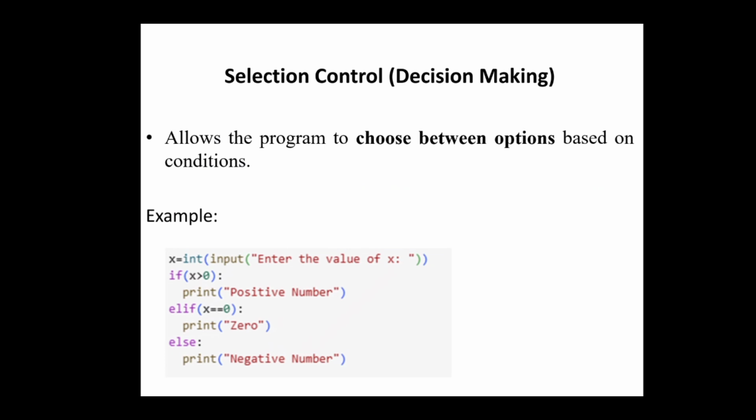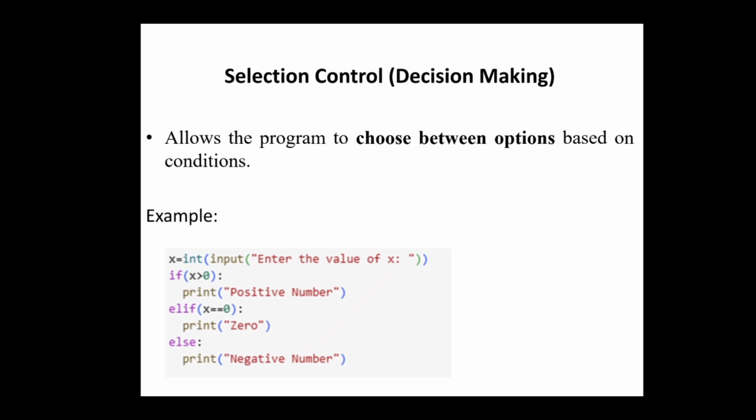The input function gets the value of x as a string, and int converts it into an integer, and that value is stored in the variable named x. Now, if x greater than 0, print positive number. If x equal to 0, print 0. Else, print negative number.